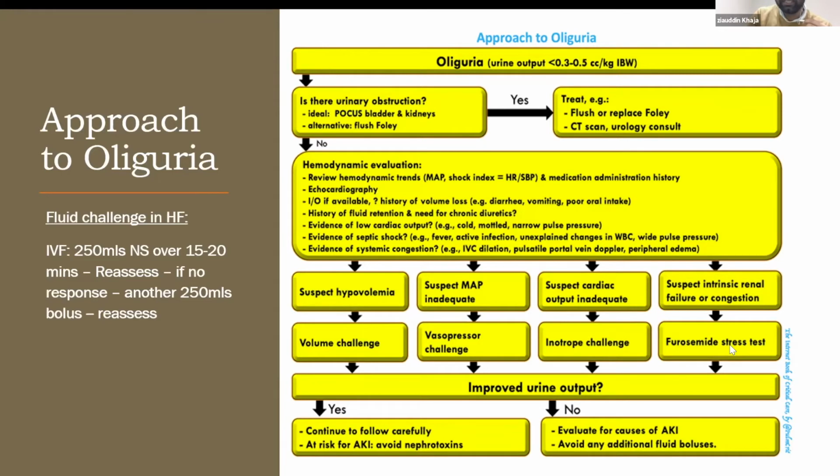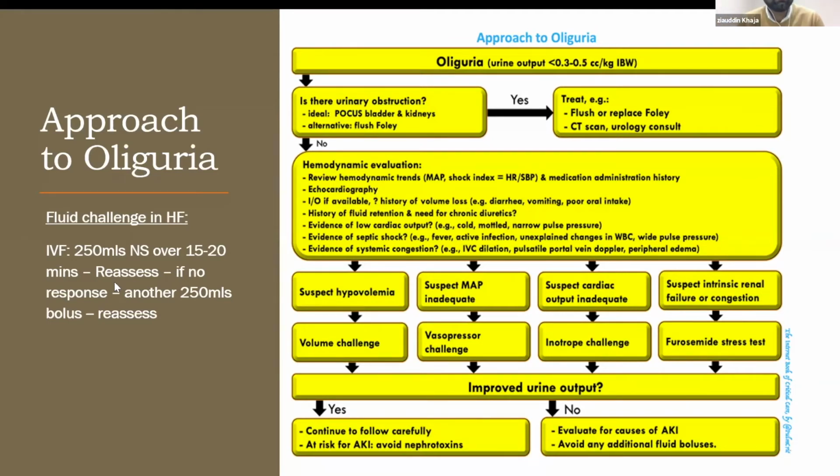So especially, coming back to what we had discussed in the second slide, the most common presentation that we come across is due to volume depletion, and then we're thinking about replacing that volume. Right. Sorry. So before we go, about the fluid challenge, especially in heart failure patients.